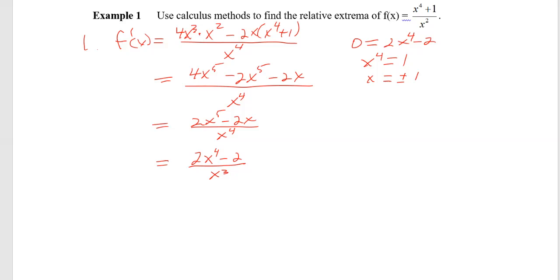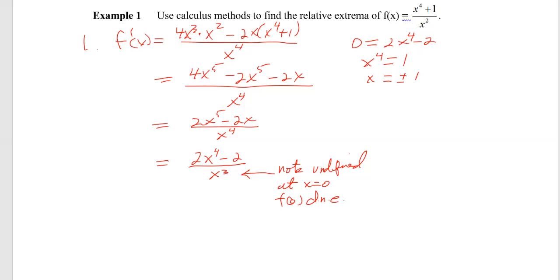Okay, now there's also a place where the derivative is undefined, and we just make a note, undefined at x equals 0. However, f of 0 does not exist.